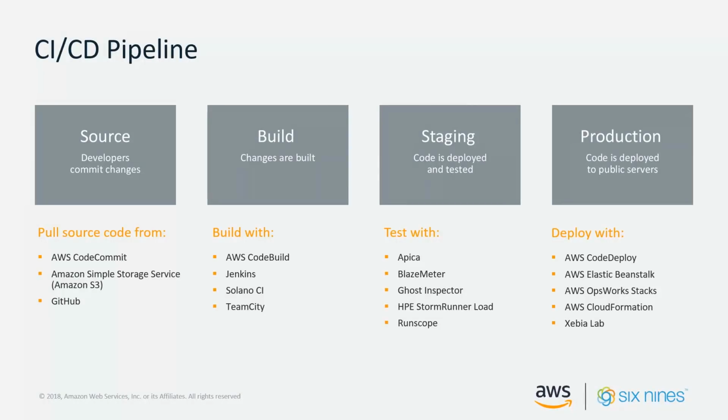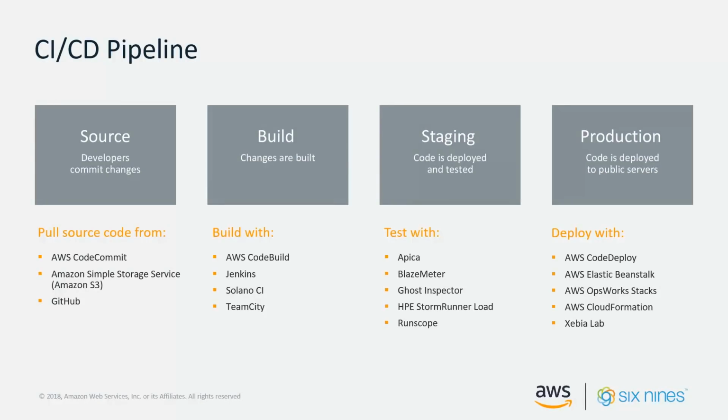There's a number of testing tools that you can integrate to make sure that if you've got automated tests that are running as part of a build or deployment validation, that those are tied in there, and these can be orchestrated through things like CodePipeline. They can be orchestrated through Jenkins or TeamCity. And then looking at the deployment options, we've already mentioned AWS CodeDeploy.